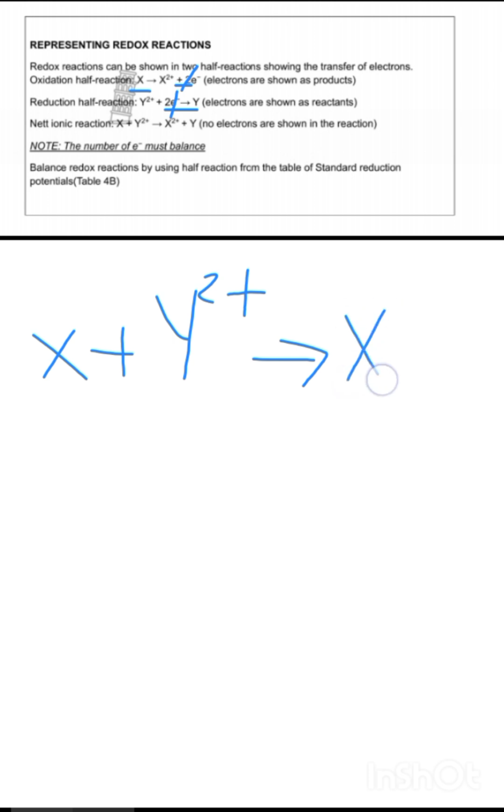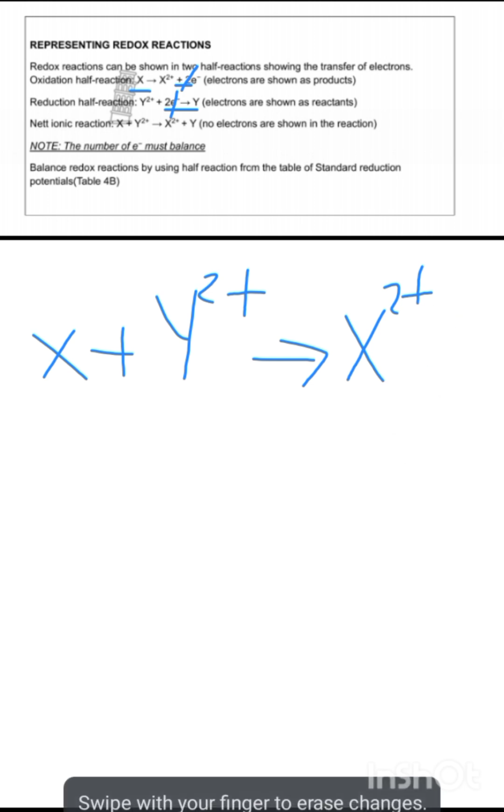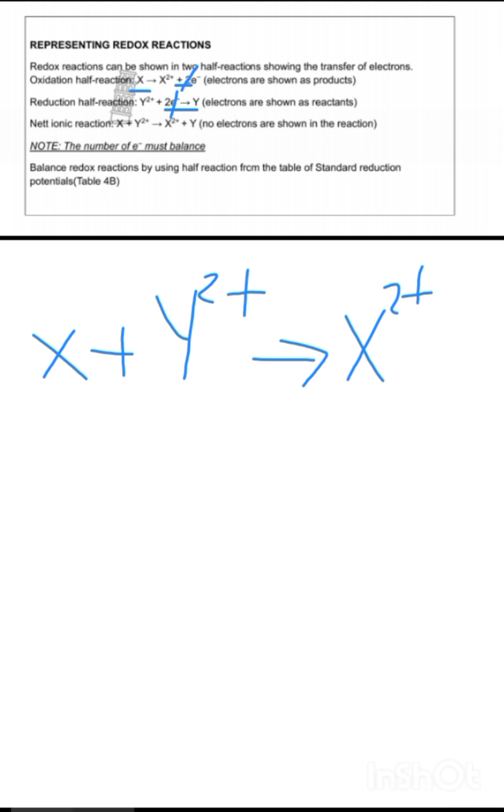In this case, because the electrons have cancelled out, basically you're taking the reactants of your oxidation half reaction, that is X, and of your reduction half reaction, that is Y2+, and this will give you the products of your oxidation half reaction, which is X2+, and the product of your reduction half reaction, which is Y.